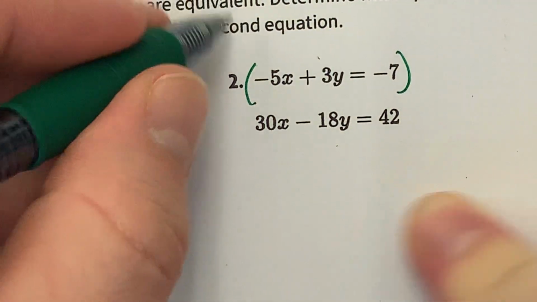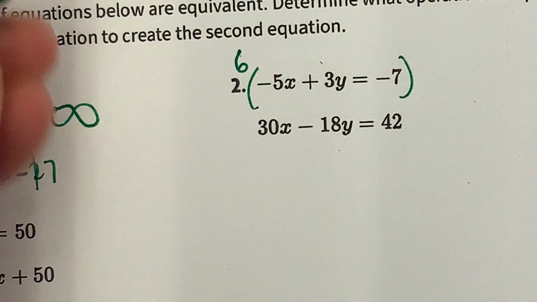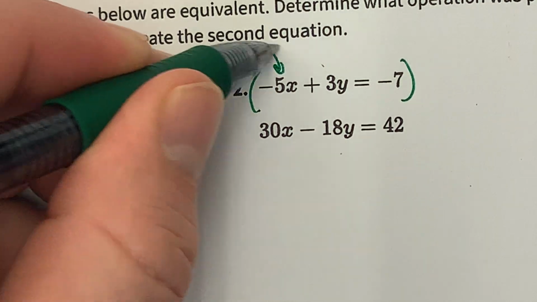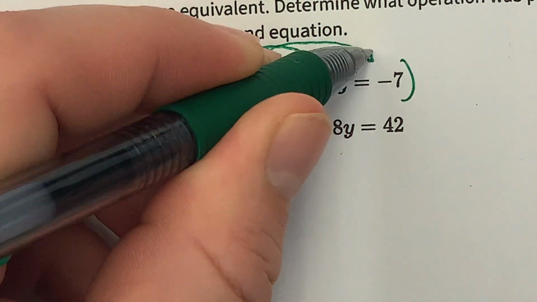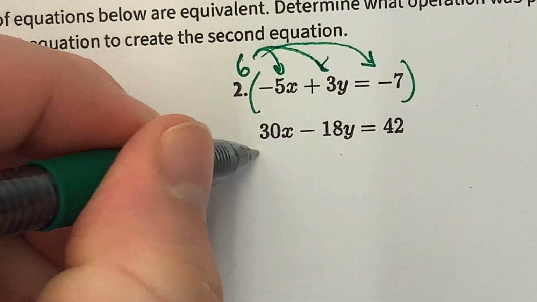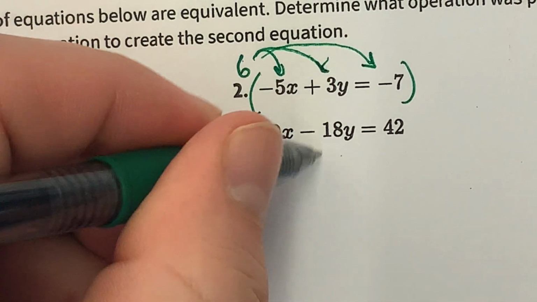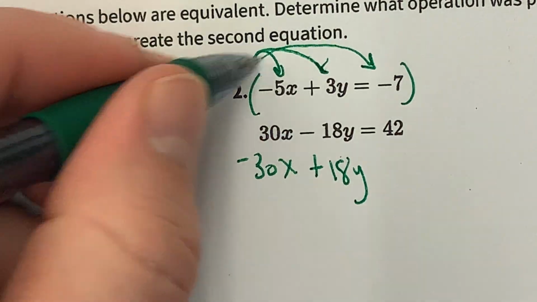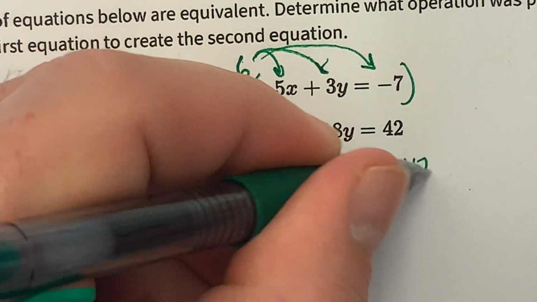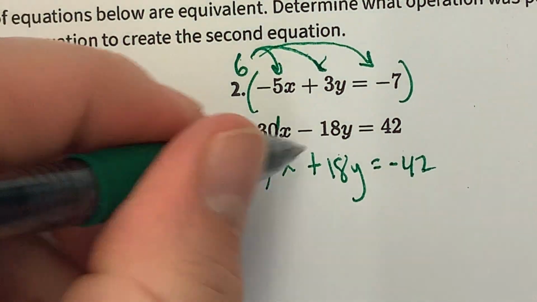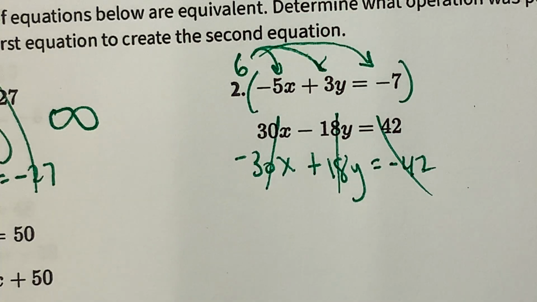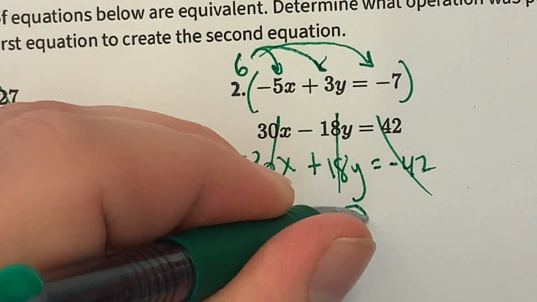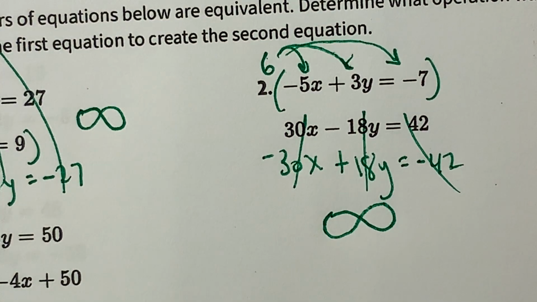And the answer is 6. But guess what happens if you multiply everything by 6? Watch. Negative 30x, positive 18y, and negative 42. Now look, everything cancels, which is the same thing as infinity.